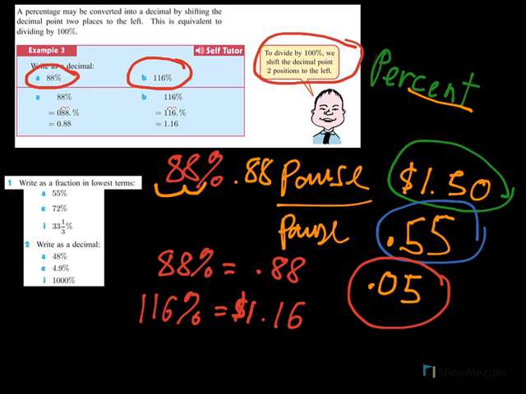Okay? If we have 5%, we simply take our decimal, we move it over twice here, and we're going to have 0.05. So our answer as a decimal would be 0.05.